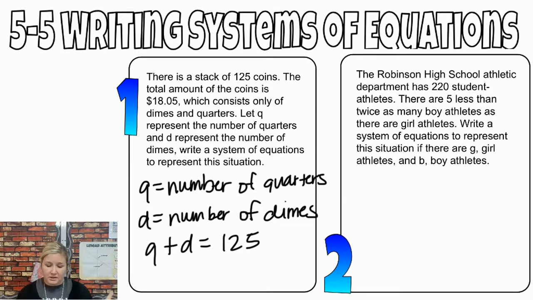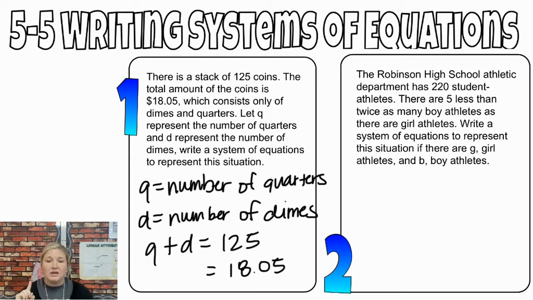Ta-da. The second equation, and I'm going to give you a little hint. Most of the time, though not always, because sometimes you have costs and everything, you'll keep all of your money together in the same line. I know that the total of all the coins is going to be $18.05.